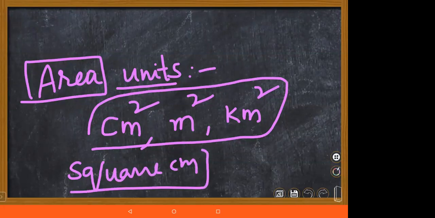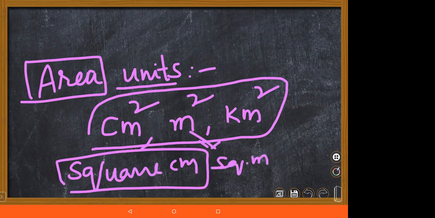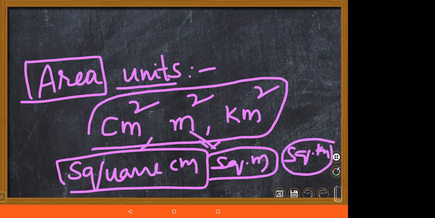Both are the same, children. If you are not writing units, you will lose 1 mark, children. They will cut 1 mark from your answer. That's the basic part of area and perimeter.